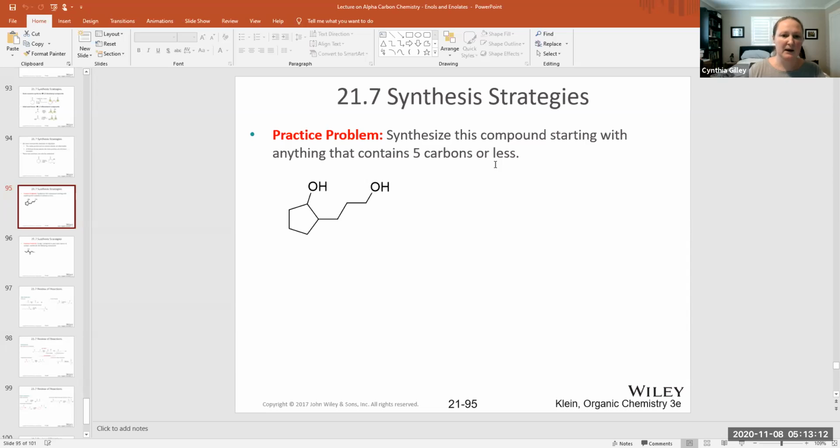So go ahead and think about how you could break this up into chunks where no reactant contains more than 5 carbons, make a new carbon-carbon bond in that process, and, based on the relative positioning of the functional groups, think about what reaction you might want to choose. So go ahead and pause this and try.